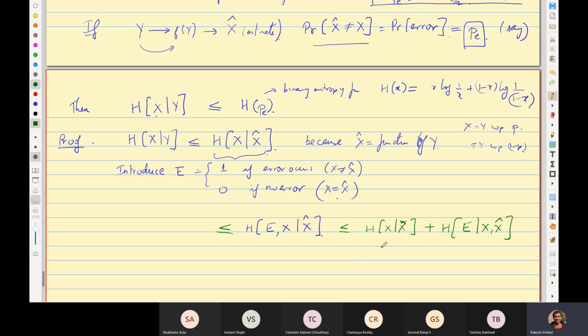Conditioning on a variable was your exercise in the previous lecture. But even conditioned on a variable, you can use the chain rule just as it is. Now I've put X as the primary variable at the first term; here I can put E as the first term.